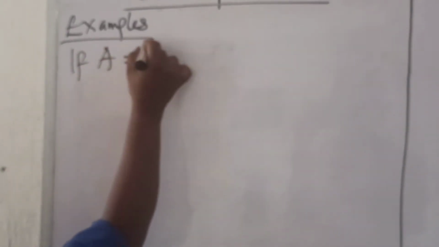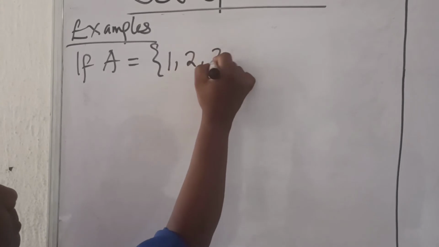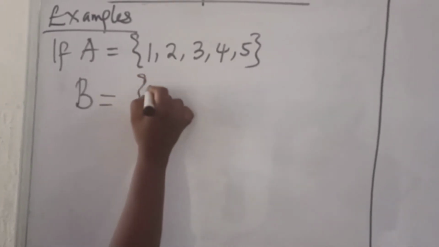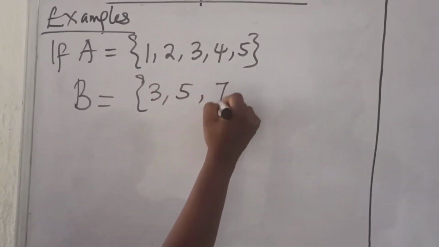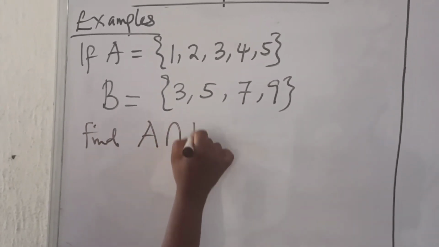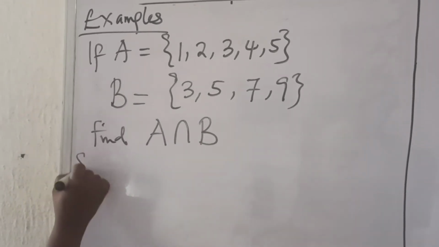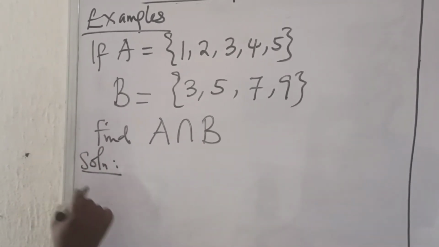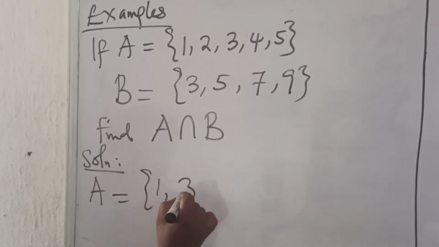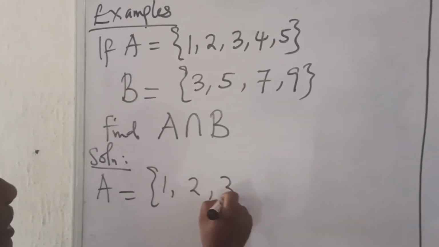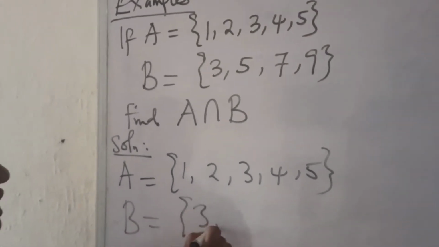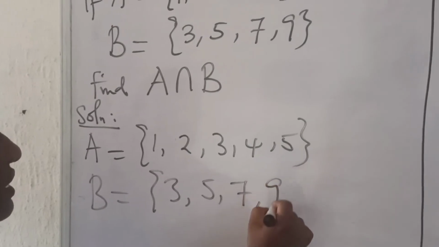If set A is equal to 1, 2, 3, 4, 5 and set B is equal to 3, 5, 7, 9, find A intersect B. Now we are given the two sets A and B. A is the set with the elements 1, 2, 3, 4 and 5, while B is the set with the elements 3, 5, 7, 9.